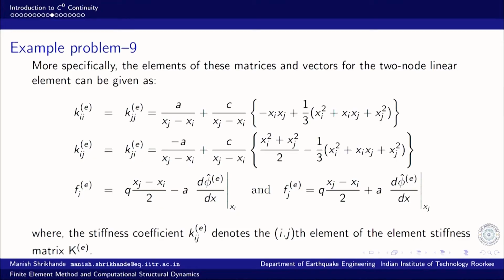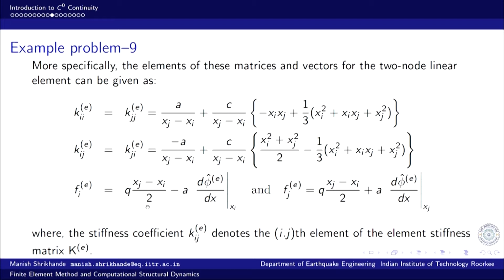Generally, if I look at the terms, the diagonal terms are identical. If we check these equations, the off-diagonal terms are also identical. So, it is a symmetric matrix, and the loading term corresponding to the ith node has this simple equivalent: the total intensity q multiplied by the length of the element, equally distributed into two parts.